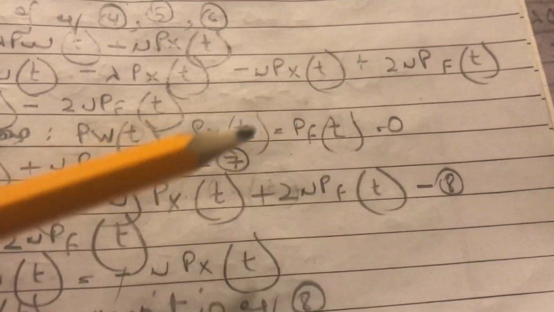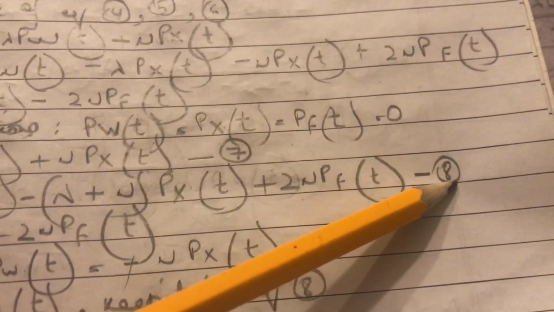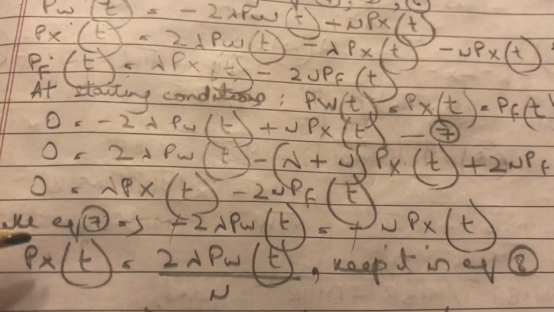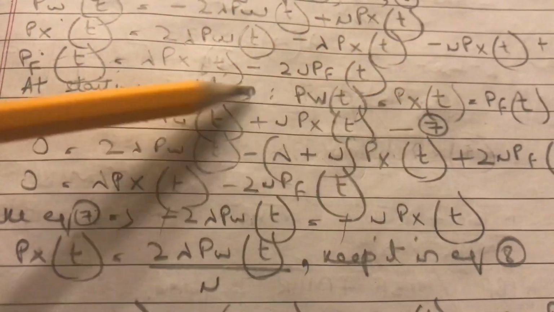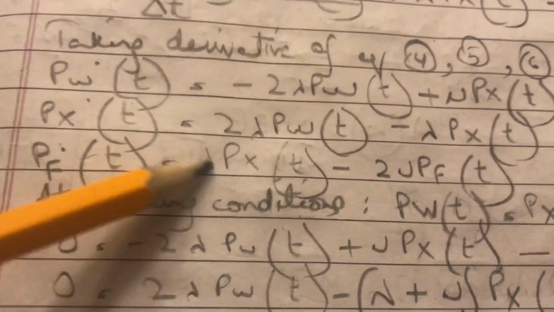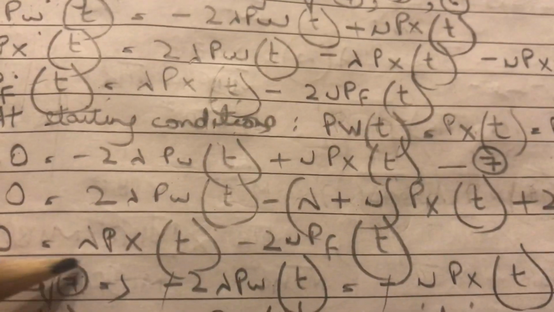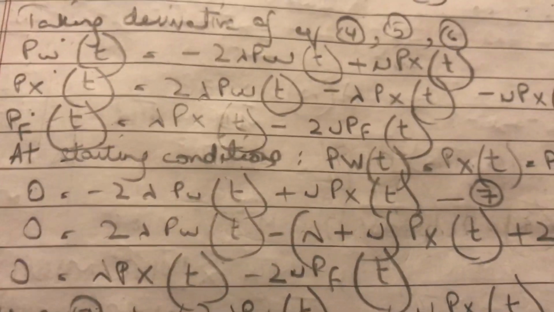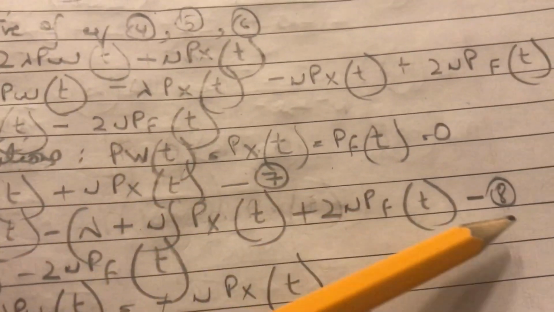We named this 7 and this 8, and this one becomes 0. Is it clear? Lambda px of t minus 2 mu pf of t. Sorry, it's the same. So we name this one 7 and this one 8.